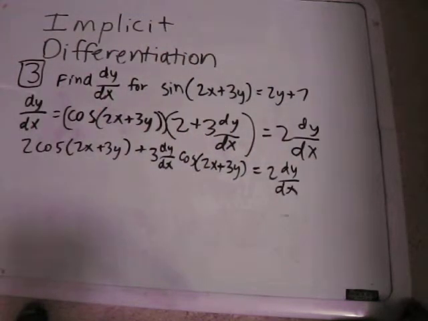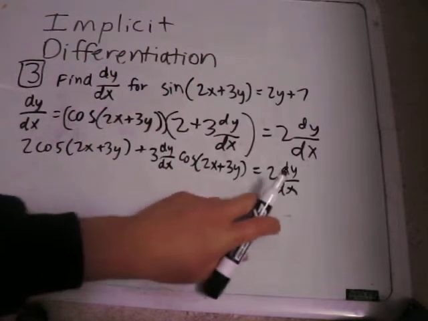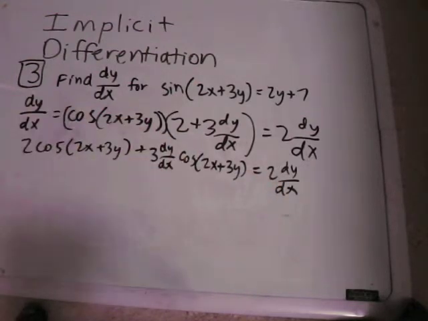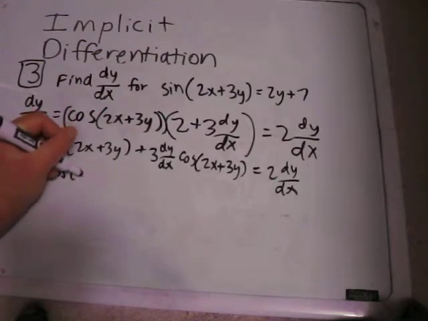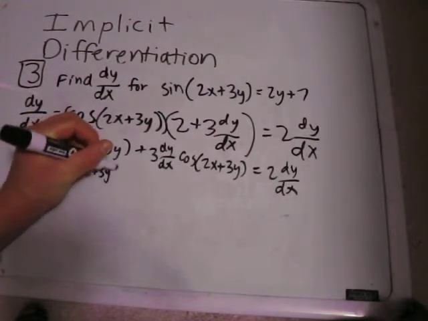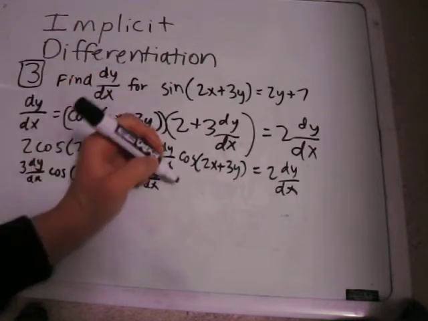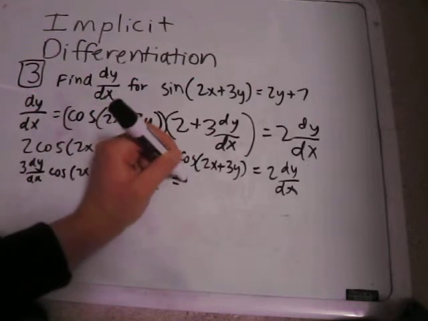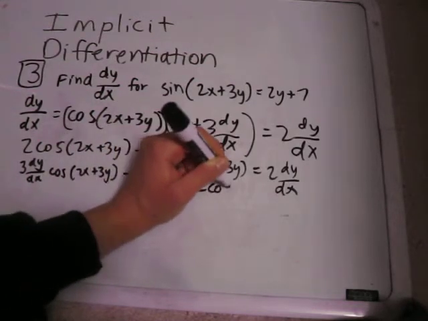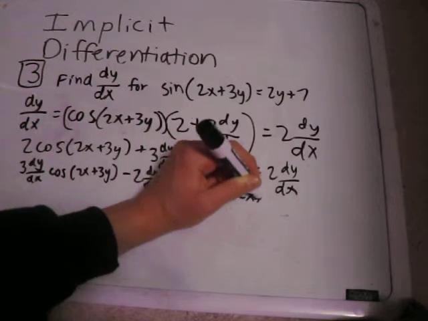So we're going to again get the dy/dx's on the same side and everything else on the other side. So 3 dy/dx cosine 2x plus 3y minus 2 dy/dx equals negative 2 cosine of 2x plus 3y.